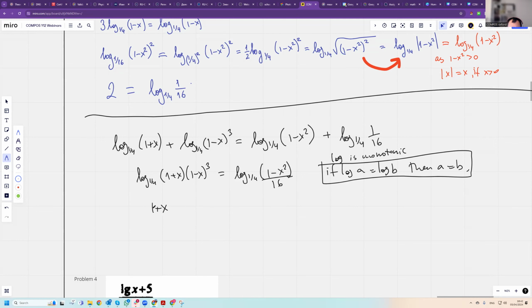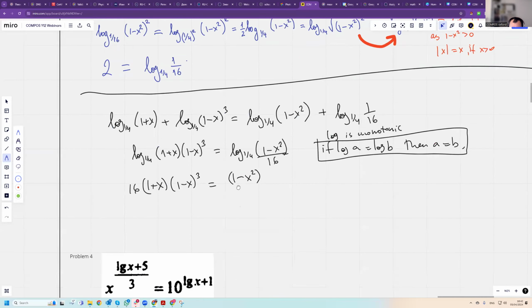And that means 1 plus x times 1 minus x cubed equals 1 minus x squared over 16. Well, I'll take 16 over here.